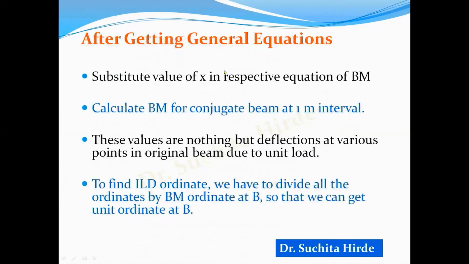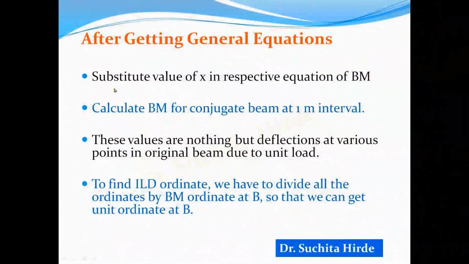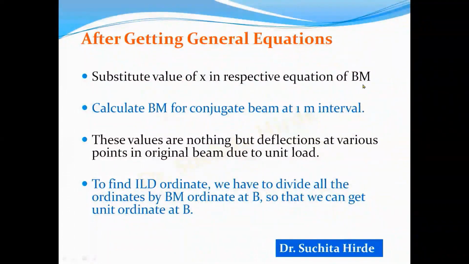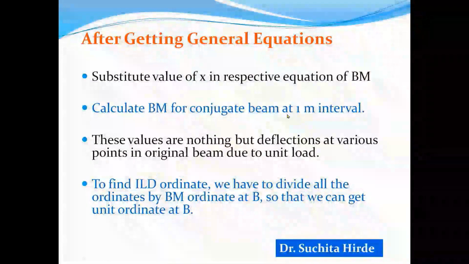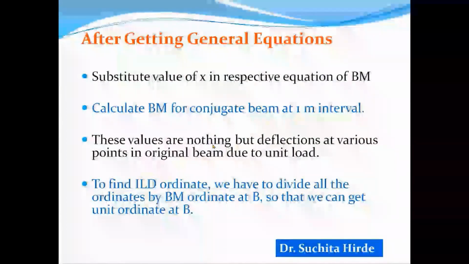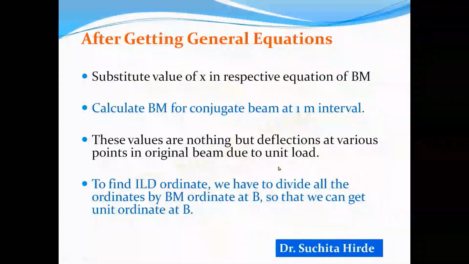So these are the steps after getting the general equation. What we are going to do? Substitute value of x in the respective equation of bending moment. Then calculate bending moment for the conjugate beam at 1 meter interval. These values are nothing but deflection at various points in the original beam due to unit load.